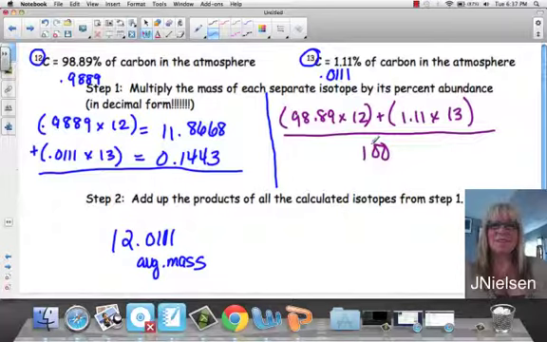I'm going to do parenthesis 98.89 times 12 and a parenthesis plus parenthesis 1.11 times 13 and a parenthesis equals. So I can put that over here if you want to see it. That equals 1201.11. And now I'm just going to divide that by 100. And I get the same answer, 12.011.